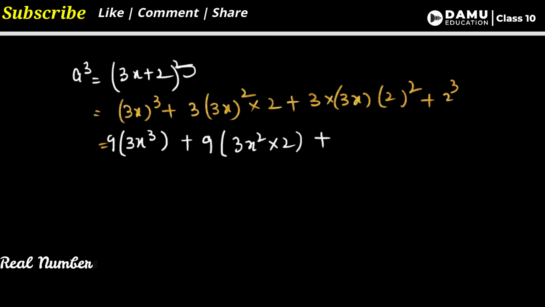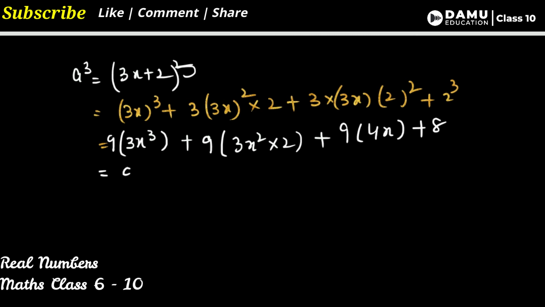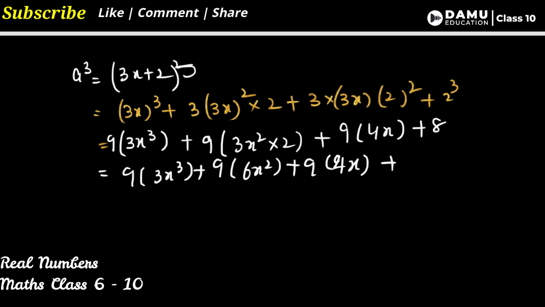Plus here 3 threes are 9, that is 9 into 2 square into 4x plus 8. So 9 into 3x cube plus 9 into 6x square plus 9 into 4x plus 8. So you can write 9 as a common: 3x cube plus 6x square plus 4x plus 8.